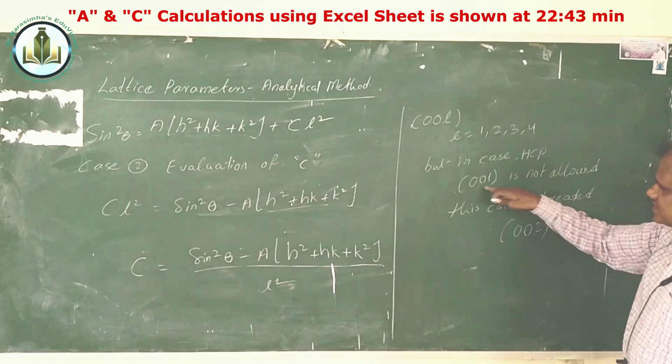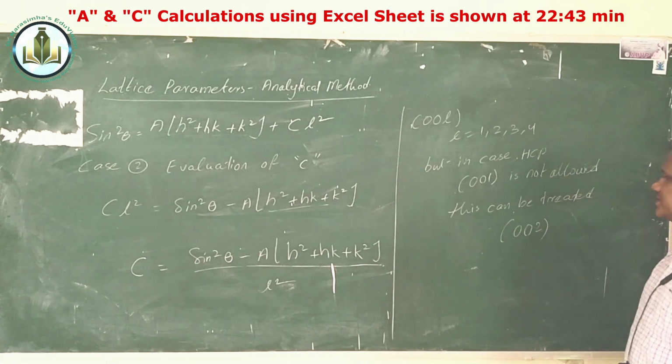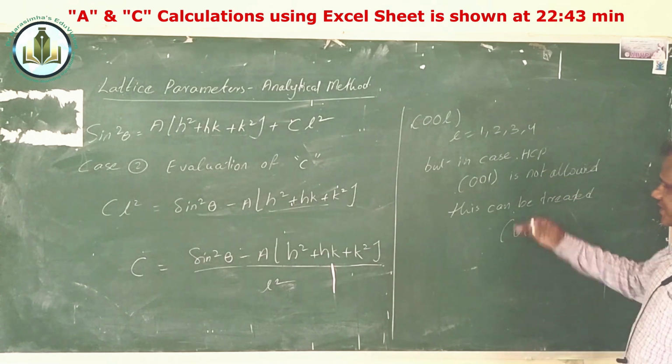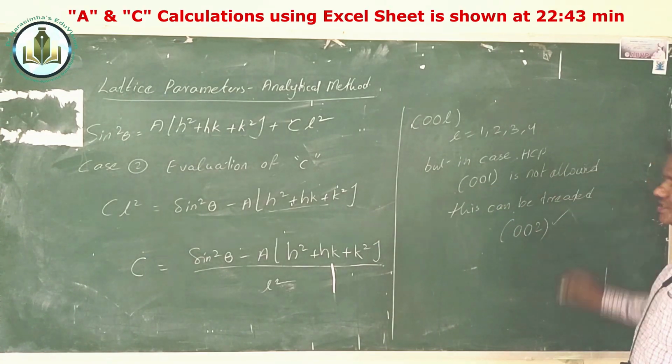If I take L equal to 1, the reflection 0, 0, 1 is forbidden in a hexagonal structure. So instead of calling it the 0, 0, 1 reflection, you can treat it as 0, 0, 2.